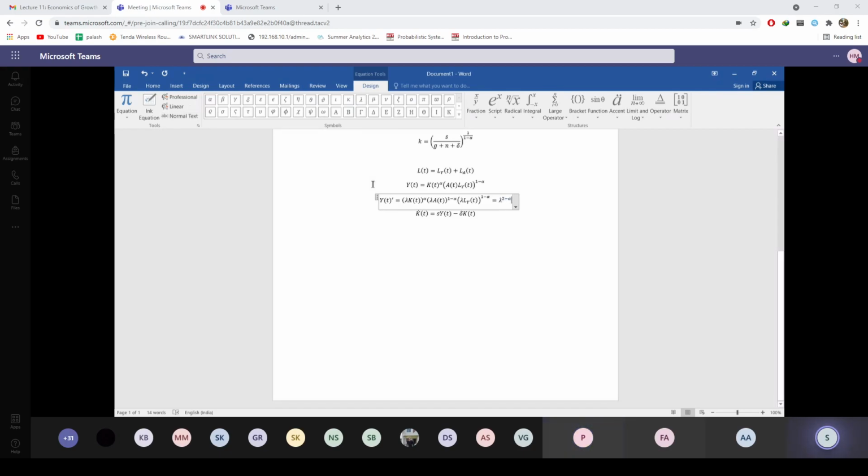As a result, the power 2 minus alpha is more than 1, and the rest of the production function is this, which equals lambda to the power 2 minus alpha multiplied by YT. Since the power 2 minus alpha is greater than 1, it becomes an increasing return to scale production function.